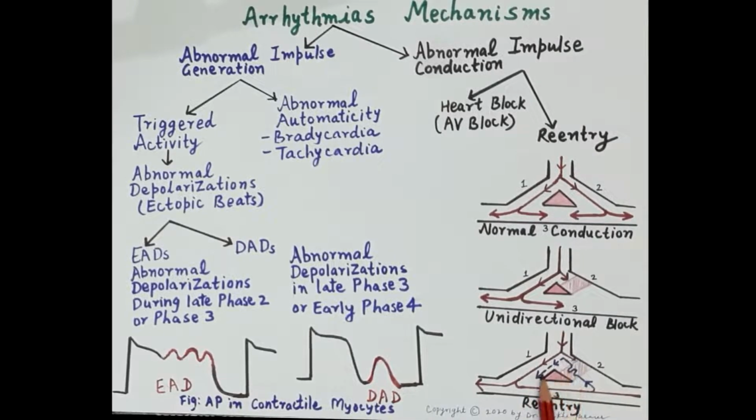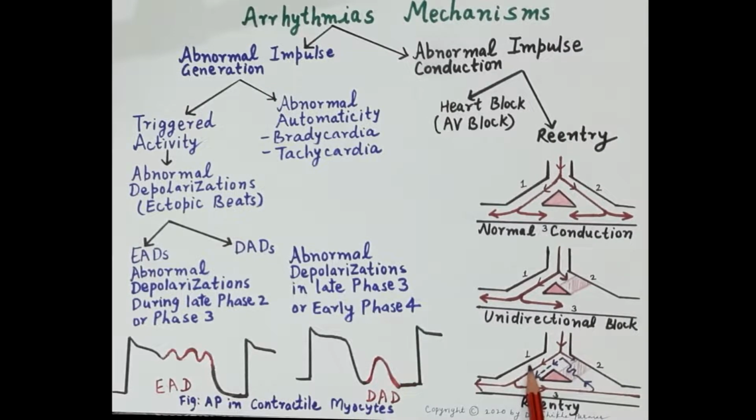Now this conduction velocity can be reduced, can be inhibited, by the use of potassium channel blockers, and the effective refractory period of the contractile cardiac cells in this branch 1 can be increased by the use of potassium channel blockers. So this is all about the pathogenesis of arrhythmia, the most important mechanisms which are responsible for the pathogenesis of arrhythmias.